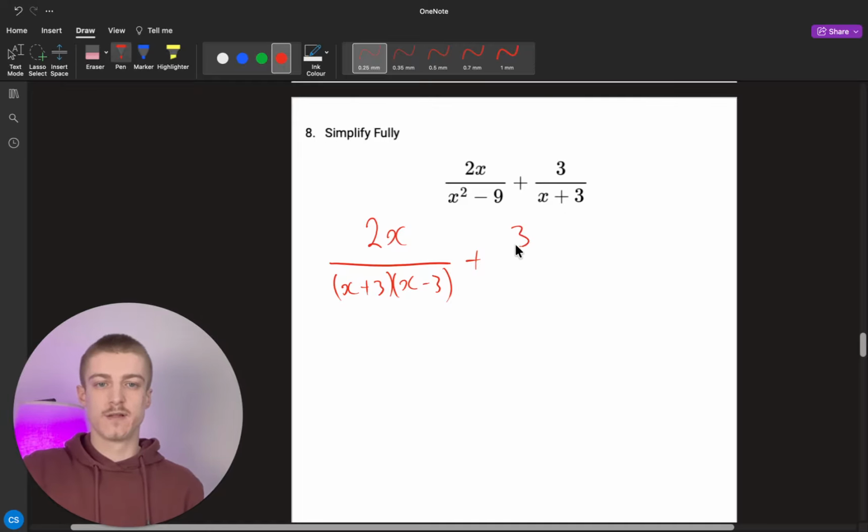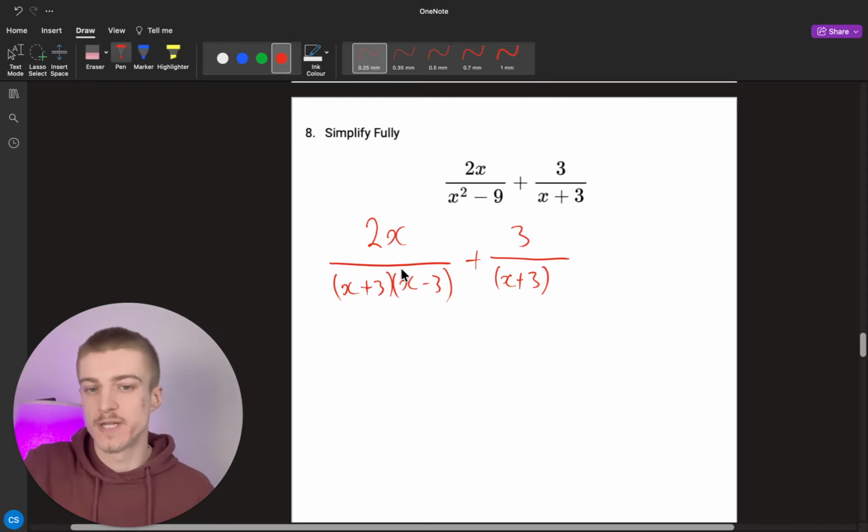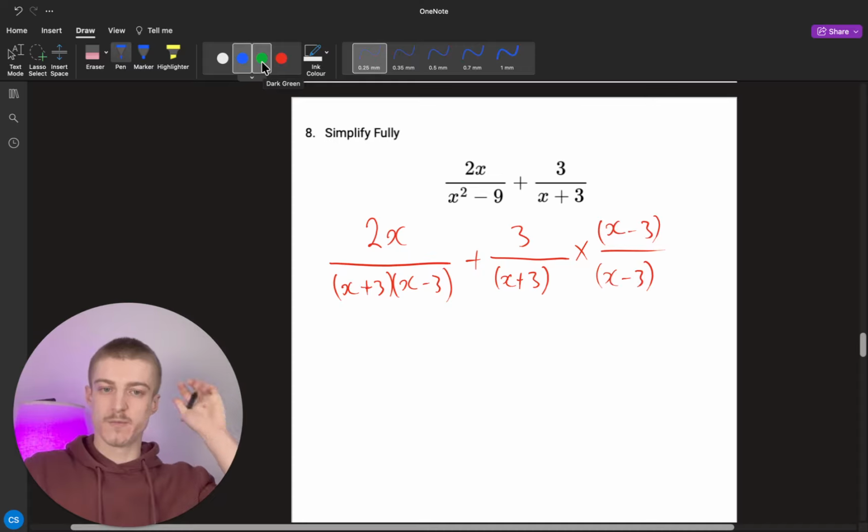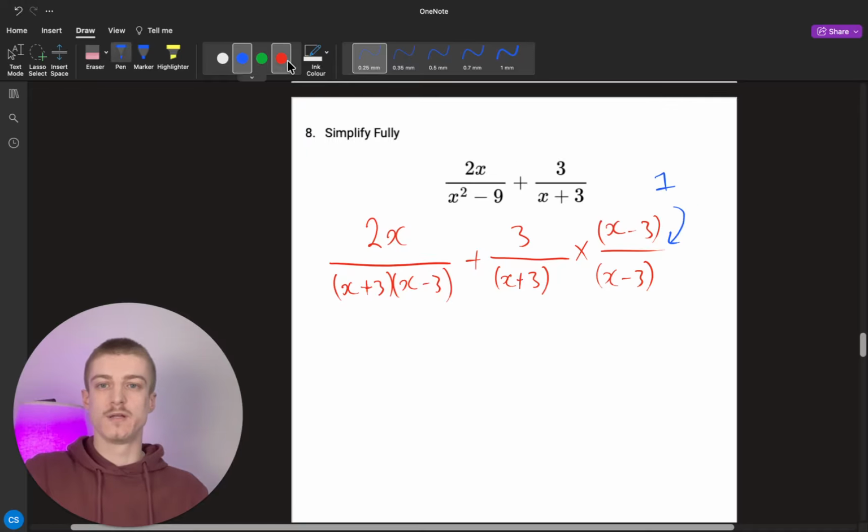So x minus 3 over x minus 3, so I'll rewrite that, and because the denominators are going to be the same, I'm going to combine the fraction. So we get 2x plus 3 times x minus 3, all over x plus 3, x minus 3. Now I can expand that bracket in the numerator and get 2x plus 3x minus 9, all over x plus 3, x minus 3.